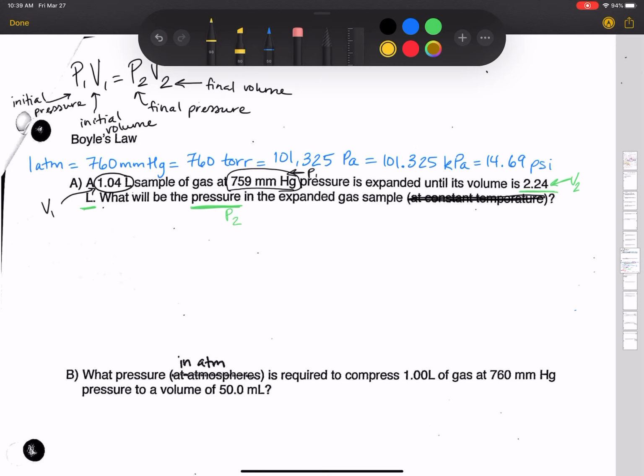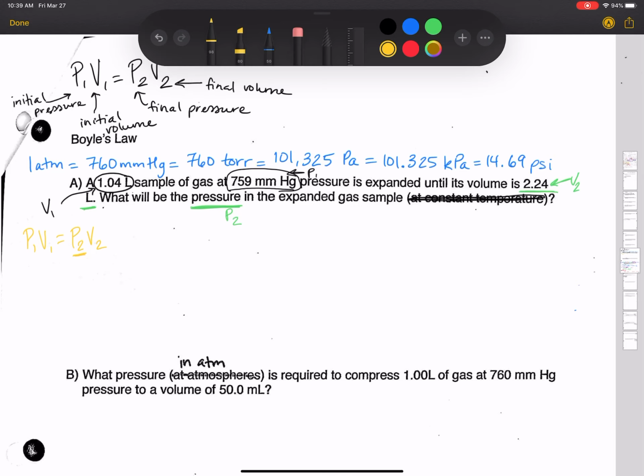If I now go back to my formula, which is always P1V1 equals P2V2, I'm going to practice isolating the variables in the video notes just because that's something that we would be doing in class anyways. If you're comfortable with this step, then you can just fast forward until I get to what P2 equals. So I'm searching for P2, which means that now I need to get rid of V2.